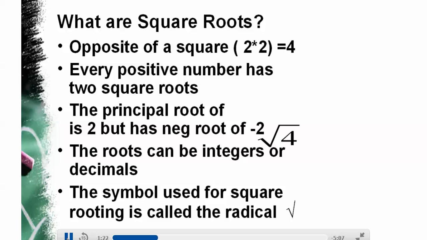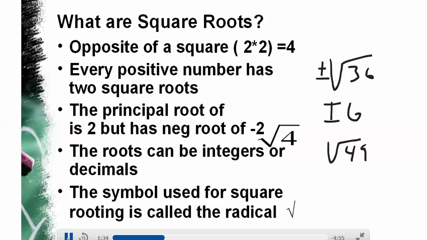So typically what we write, if we wanted to find what is the square root of 36, we would say plus and minus 6. We would actually ask for them. If I just write the square root of 49, then I'm asking for the principal root of the square root of 49, which would be 7. If I wanted the negative one alone, it'd be what's the negative square root of 49, and that's negative 7.